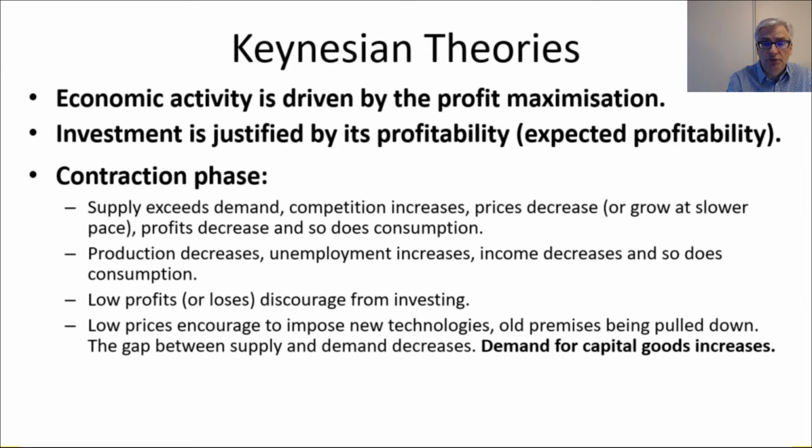If consumption decreases, that would mean that demand decreases even more. There is no other way out rather than start decreasing production. So demand starts to decrease and production follows.